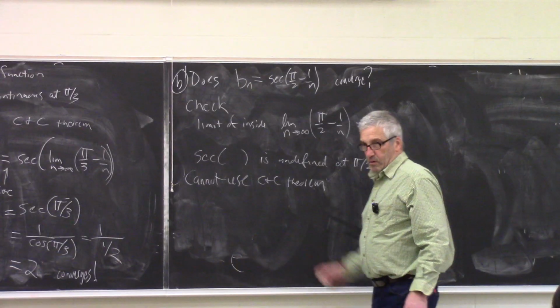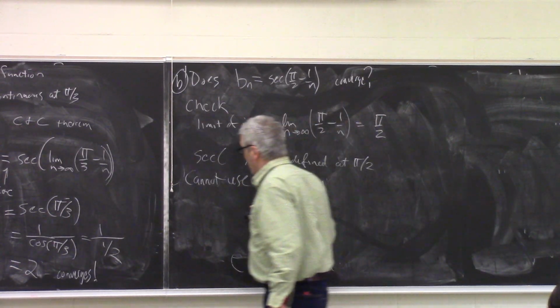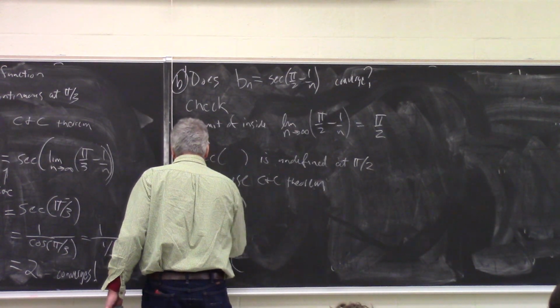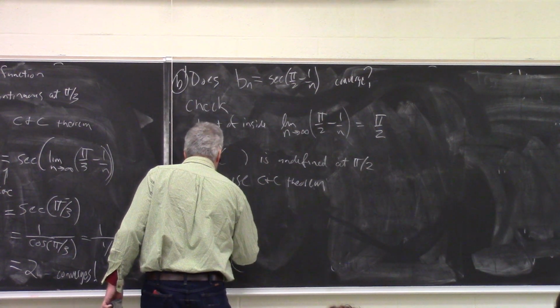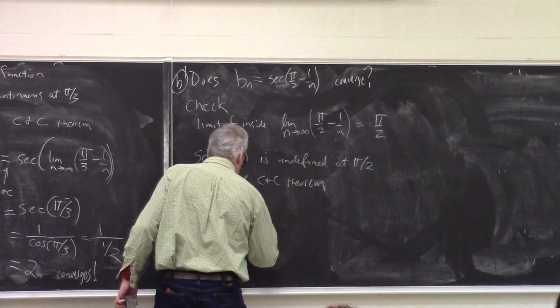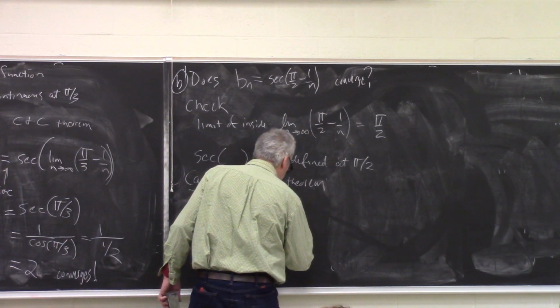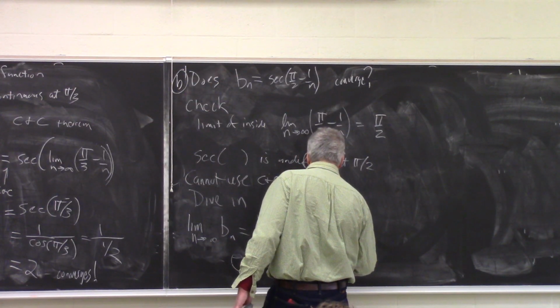Okay, well, let's just try something anyway. We're going to dive in. So the limit as n goes to infinity of b subscript n is the limit as n goes to infinity of secant of pi over 2 minus 1 over n.